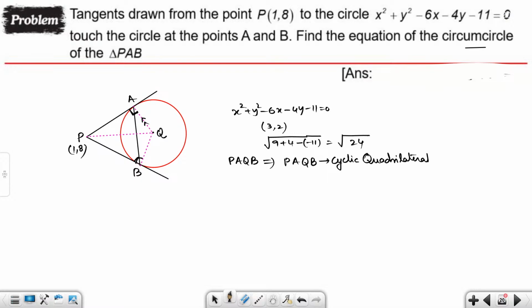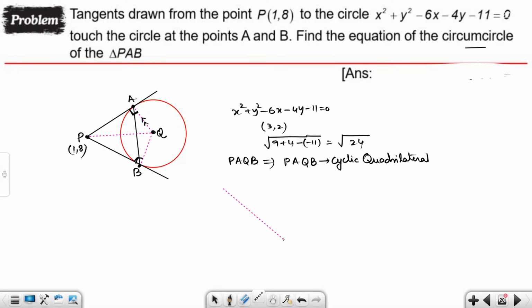When the sum of two opposite angles is equal to 180 degrees, it becomes a cyclic quadrilateral. That is, if you draw a circle which is passing through P, A and B, it is definitely going to pass through Q, as PAQB is a cyclic quadrilateral. Have you understood this? Is this clear to all? Tell me.